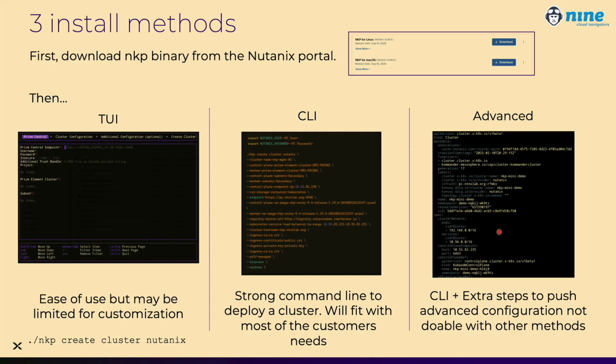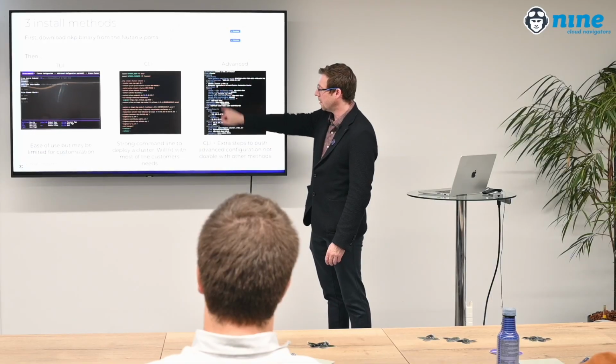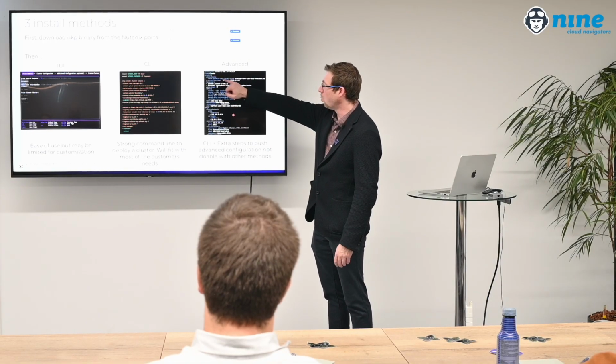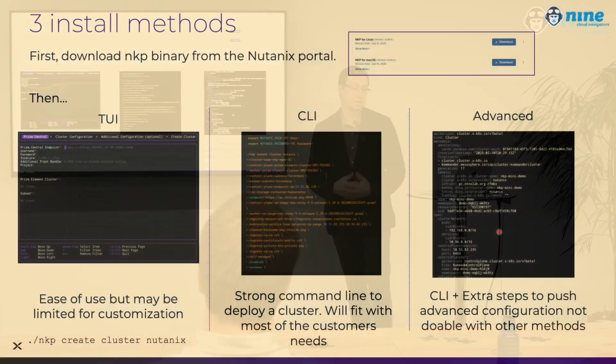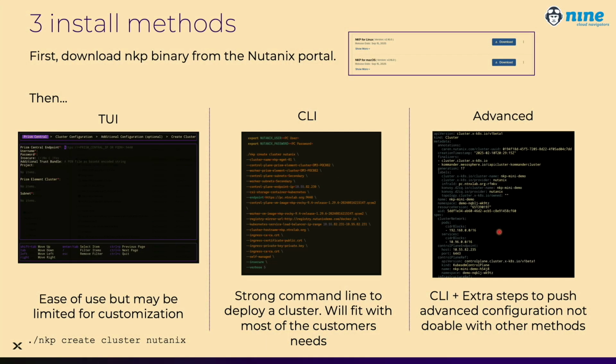That's the really advanced one. As you can see here, we are talking about YAML files. The way it is shaped, it's completely a YAML file you're going to deploy, and that's more like the manual process you would normally do in your Kubernetes infrastructure.